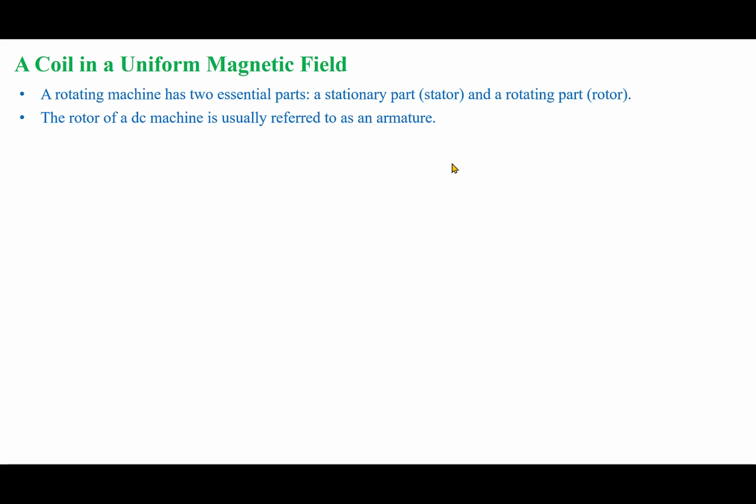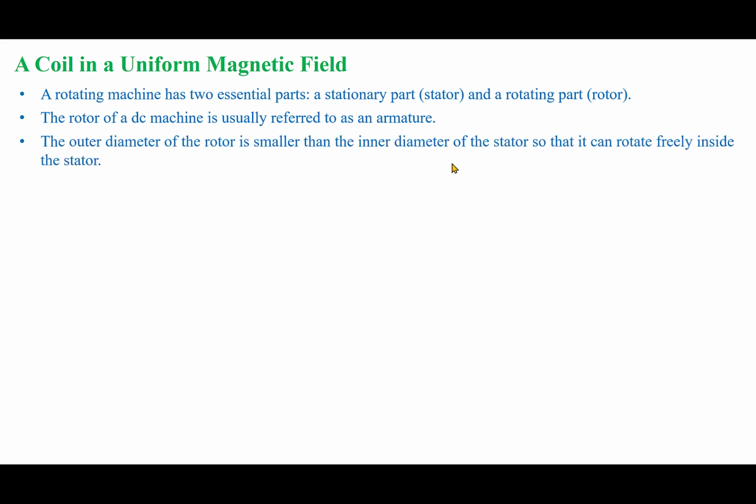And the stator carries the armature. It is just the reverse. We'll talk about that, why it is. And then the outer diameter of the rotor should be smaller than the inner diameter of the stator, right? And therefore the rotating machine can move freely in the air gap.